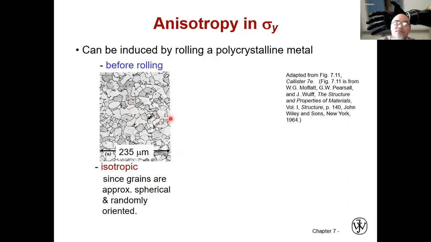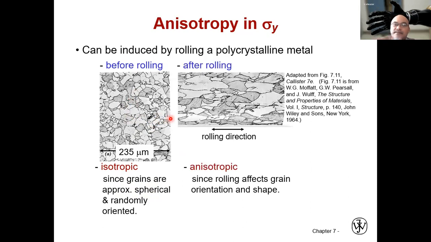However, when you do rolling, it means that you apply stress. You put a very heavy load in a direction and press that material so that the material becomes thinner. So what happens then? The crystalline structures within that material will also change.